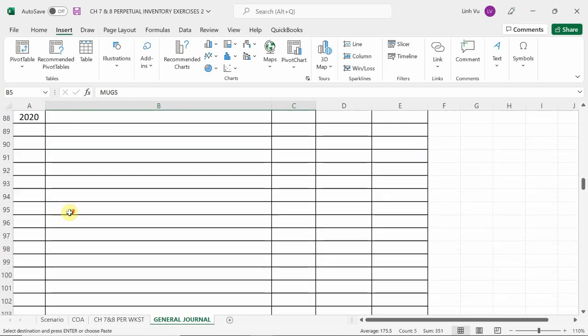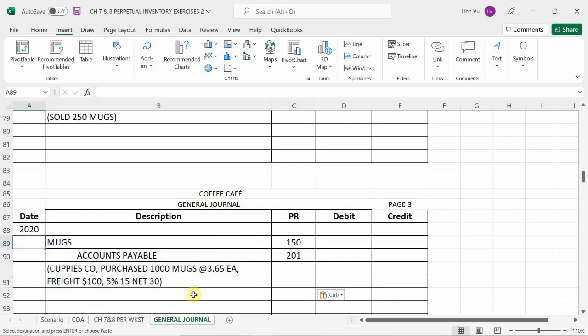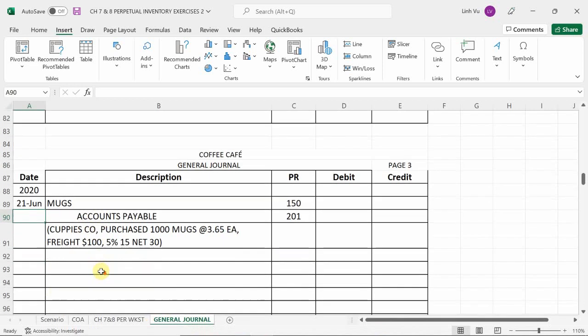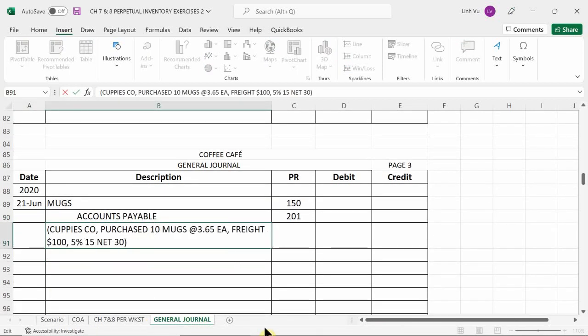So, page 3, I got some mugs. Okay. This time I purchased 750 mugs at $3.80 with the freight of $80.